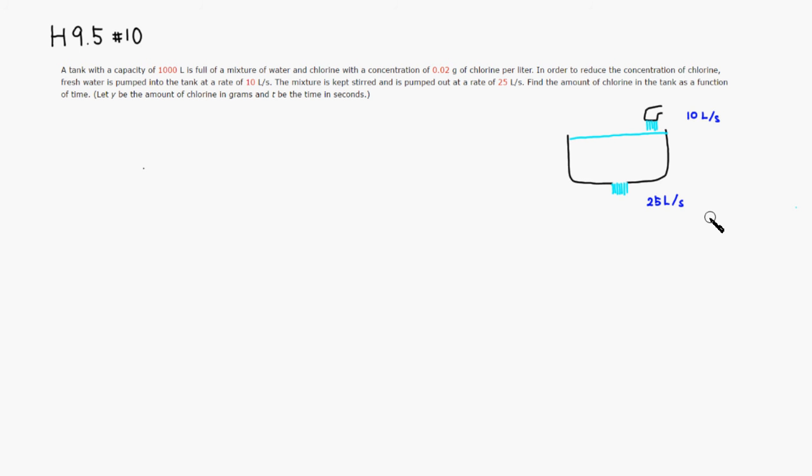All right, so let's set up a differential equation. dy over dt is going to be, as before, rate in minus rate out.